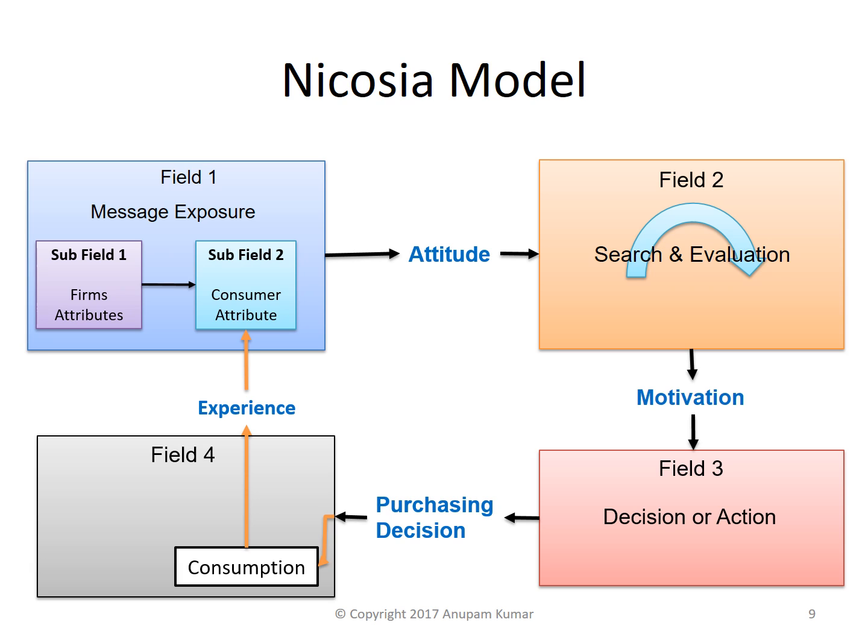In case the resultant action was a non-purchase, still it is a feedback which goes back to the firm, through which the firm gets an opportunity to improve upon its attributes in the case of message exposure. With this improved message, again the message could be conveyed to the consumer so that in the subsequent cycle the result could be a purchase.